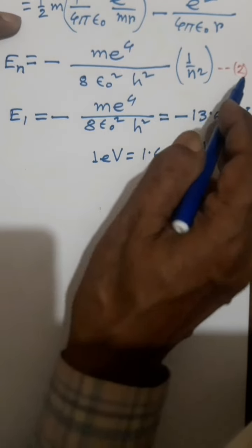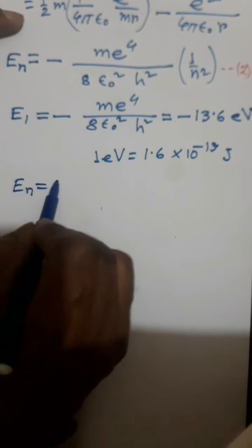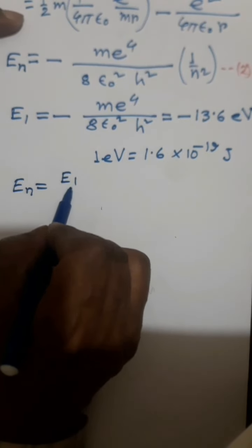From equation 2, we have En equal to E1 divided by n square.